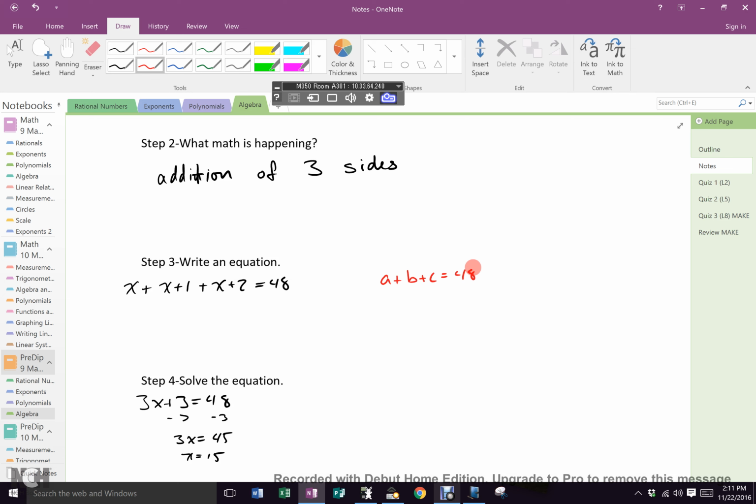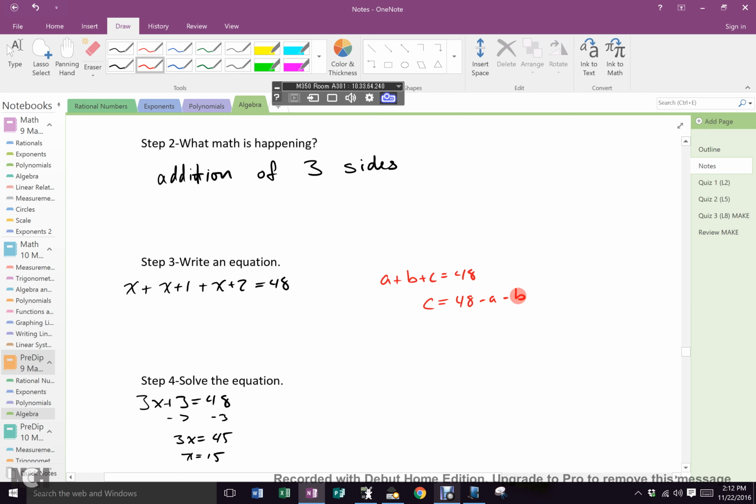I couldn't add the terms, could I? I can't do that one because I don't have enough information, do I? I can monkey around with it like we monkeyed around with the first one, can't we? Couldn't I say that C equals 48 minus A minus B?